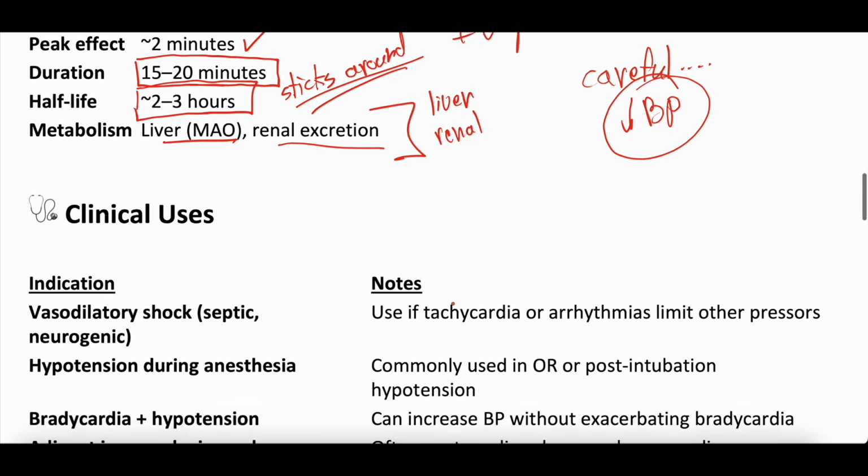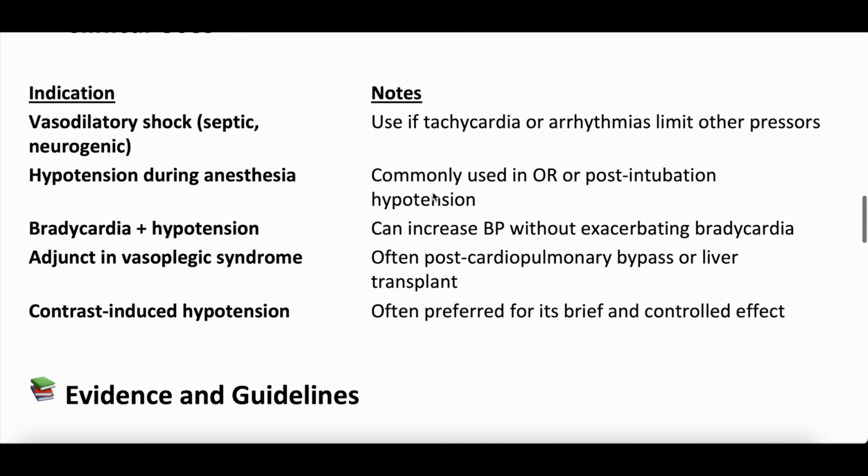Clinical uses. Phenylephrine can be used in the ICU in vasodilatory septic shock if tachycardias or arrhythmias are limiting other vasopressors, because norepinephrine and epinephrine have beta 1 effects, and they can increase the risk for tachydysrhythmias.